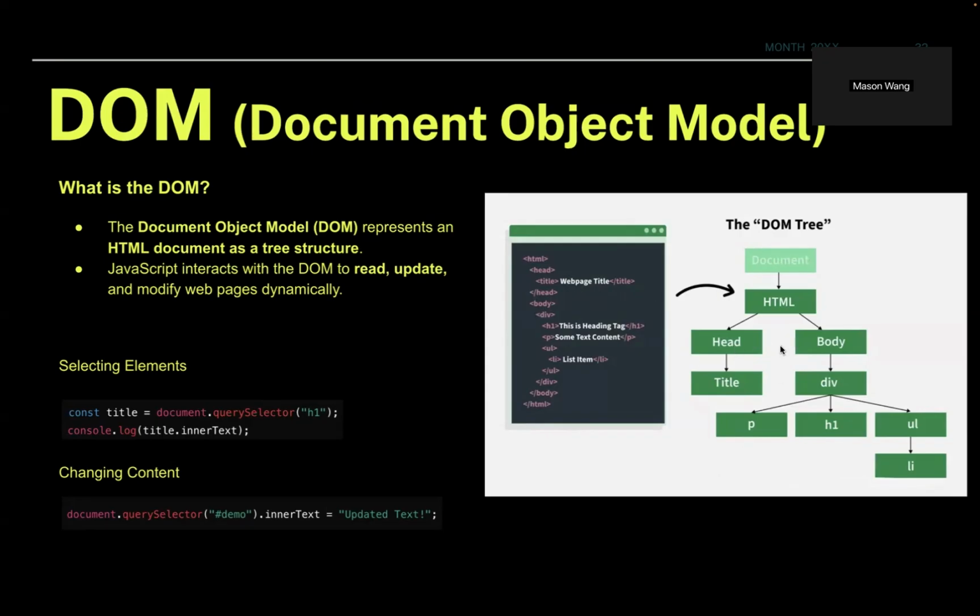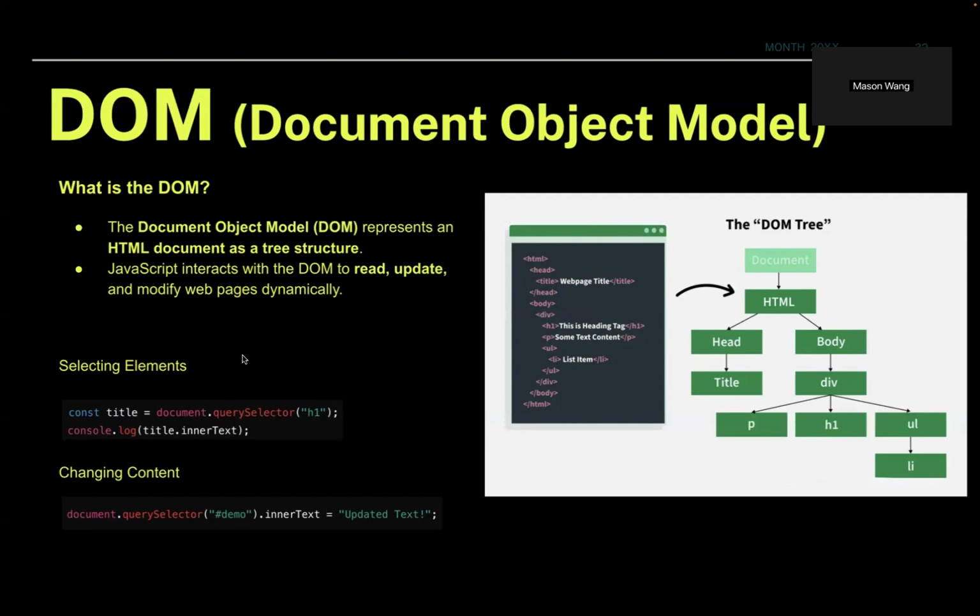You've got your head and your body, these 2 different parts, and then all the subsidiary elements under them in a tree as well. It's pretty self-explanatory.